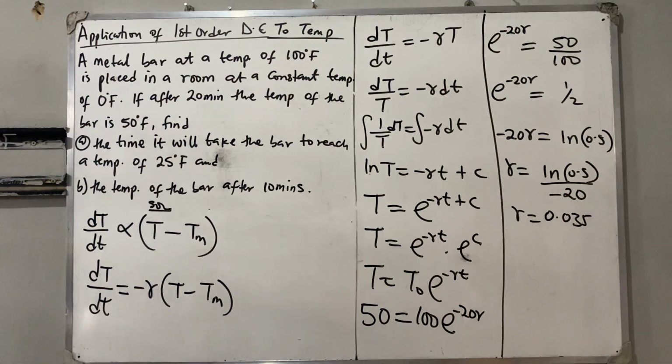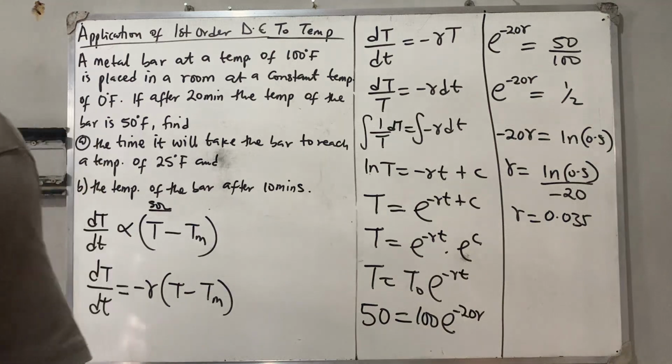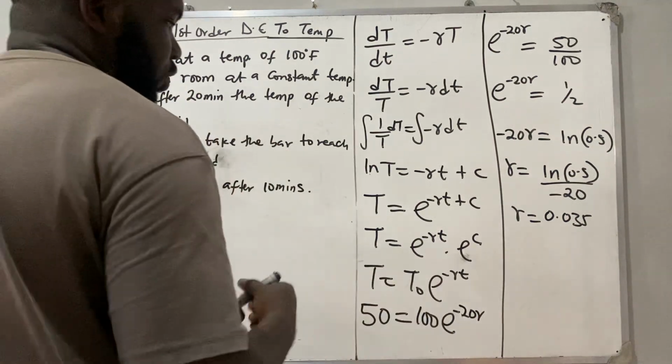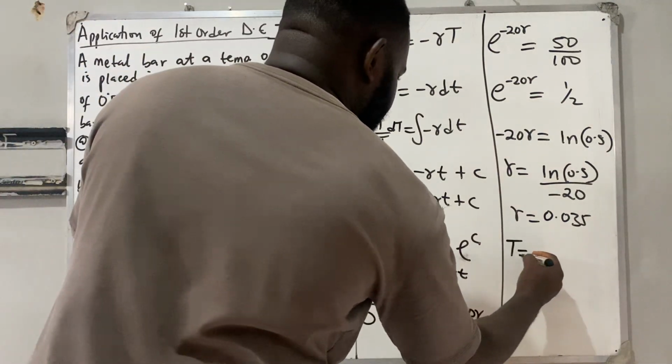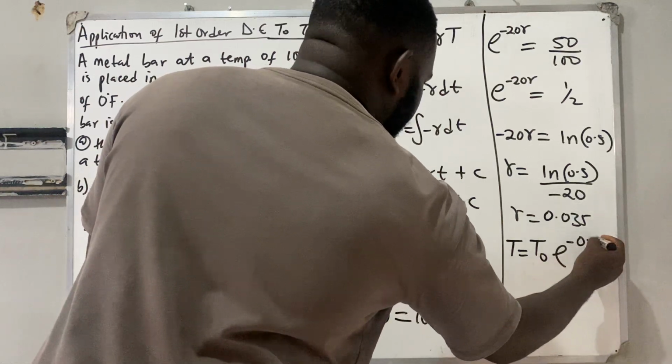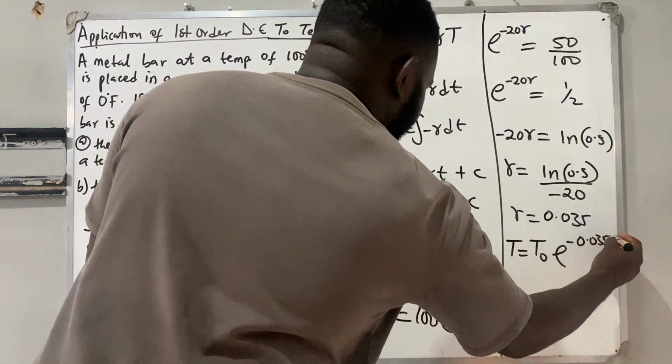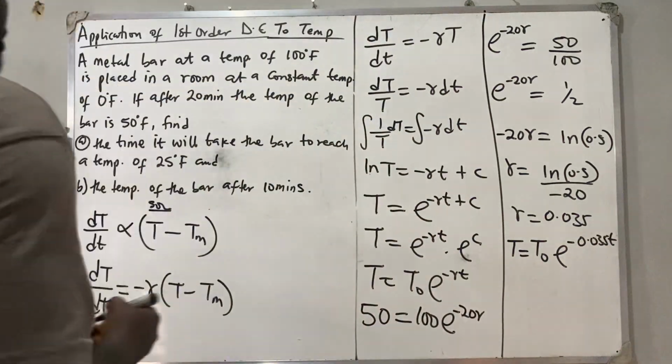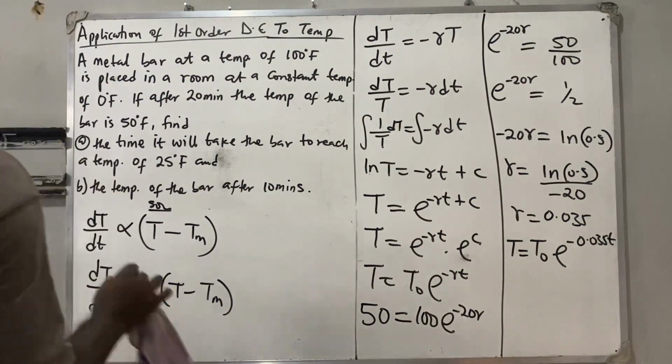Okay, so having this is our rate. So if we now put it in our equation, the equation becomes that T is equal to T naught exponential minus 0.035 t.